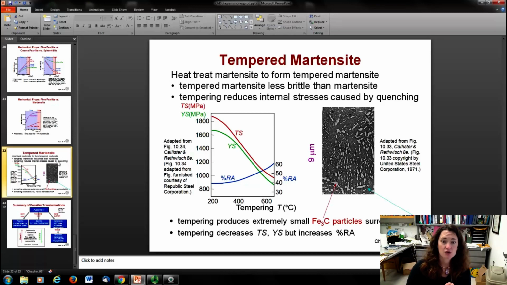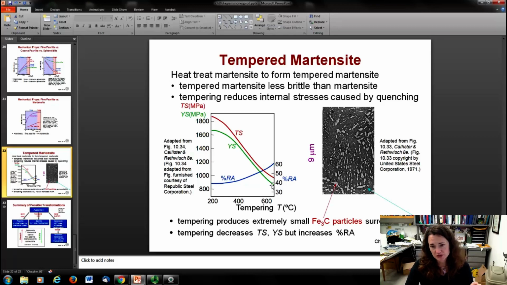Okay, so how hot it is at the tempering kind of dictates what the properties are. And so here we have plotted our tensile strength, our yield strength, and our ductility in these three curves. And then you can see how the tempering works as a function of temperature. So you can see that the tensile strength drops by quite a bit, and the ductility increases by quite a bit when you temper your martensite.